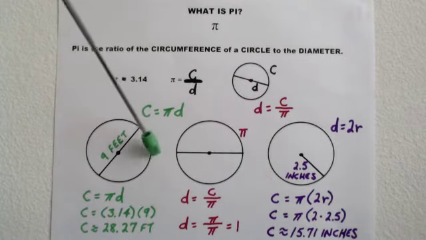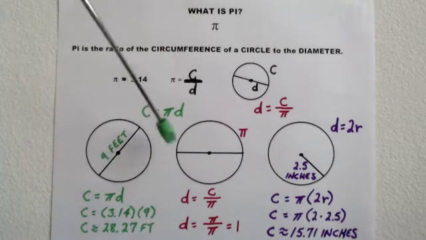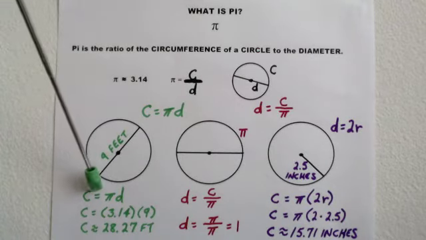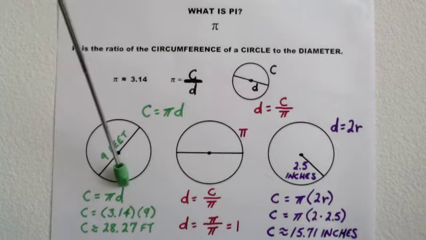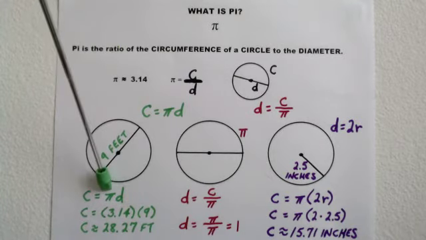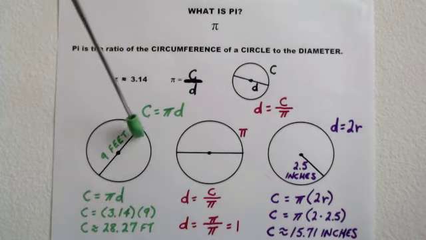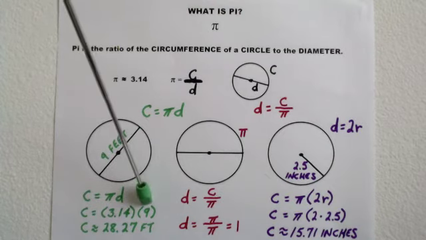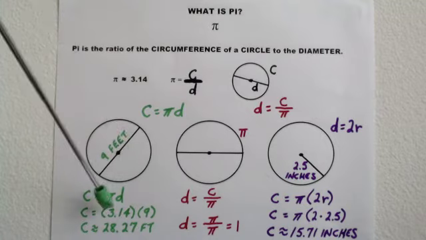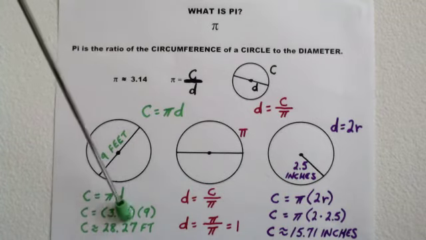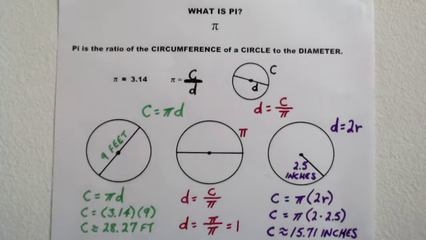I want to know what the circumference is. We'll use this equation. Circumference equals pi times diameter. Pi is approximately 3.14, and the diameter is 9 feet. 3.14 times 9 is 28.27 feet.